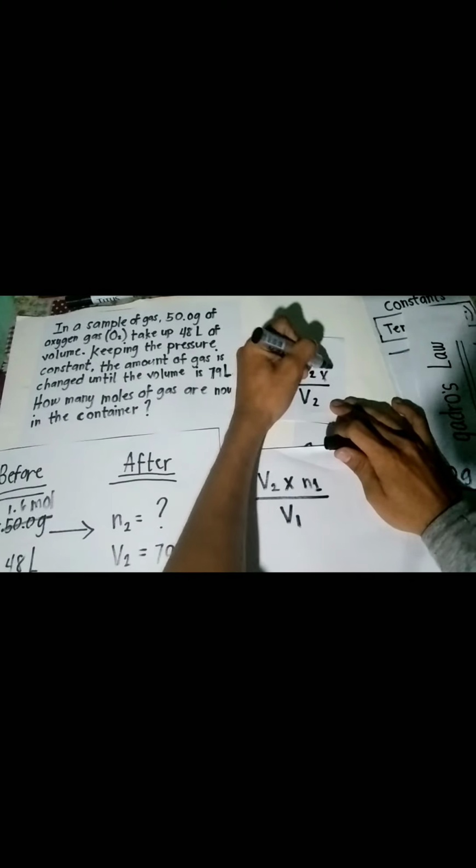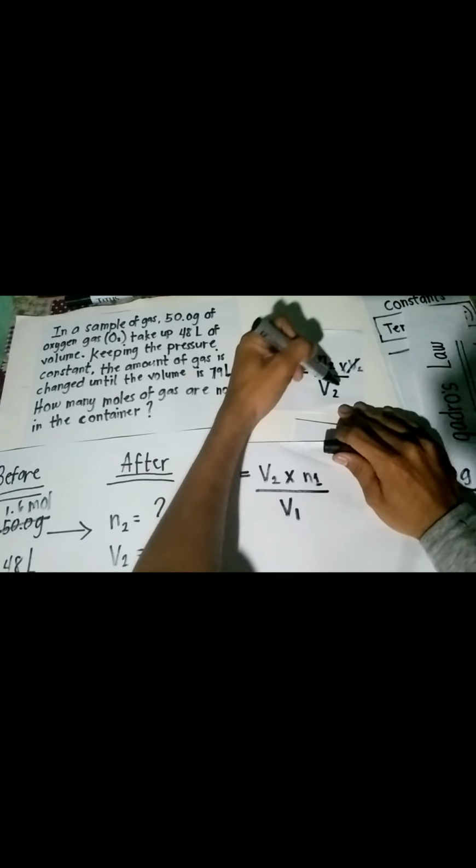We arrive at this equation from this by multiplying V2 to each side. So we are going to cancel out V2 here, and here's the equation, but I already made it simple. So N2 equals V2 times N1 over V1.